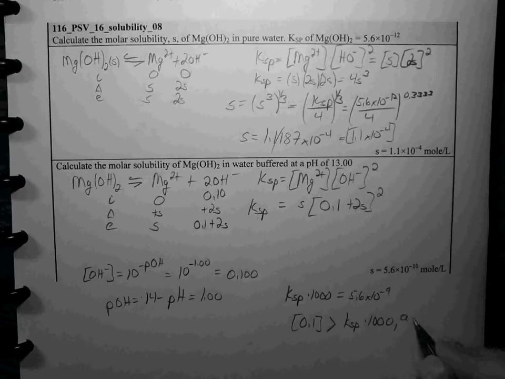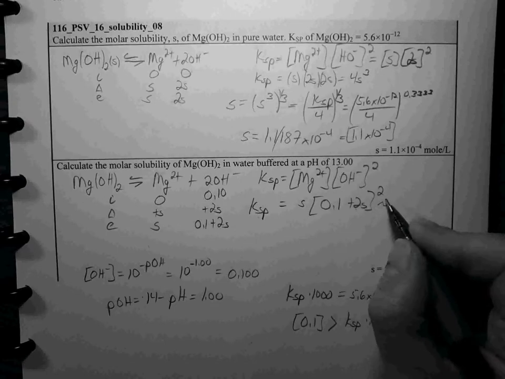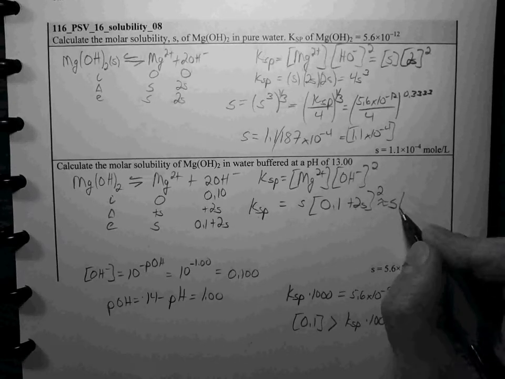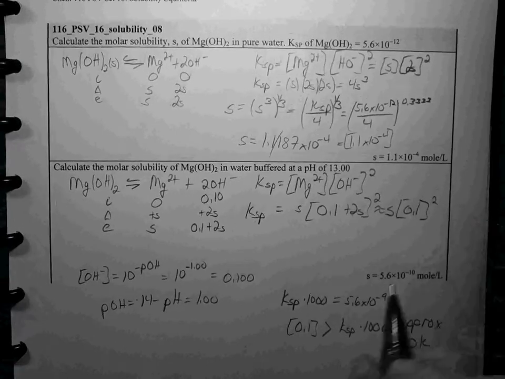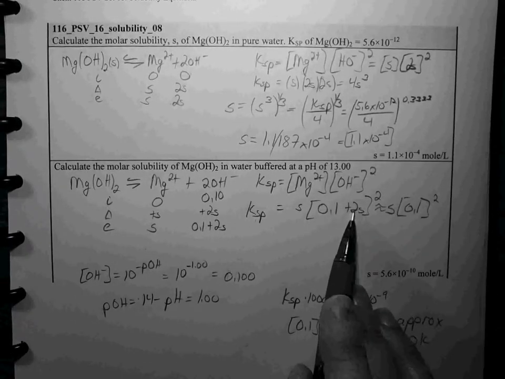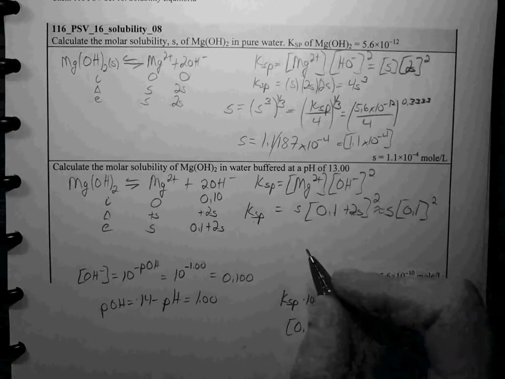So our approximation is okay. So this is approximately equal to S times 0.1 squared. So we made the approximation that this S is insignificant compared to that concentration.